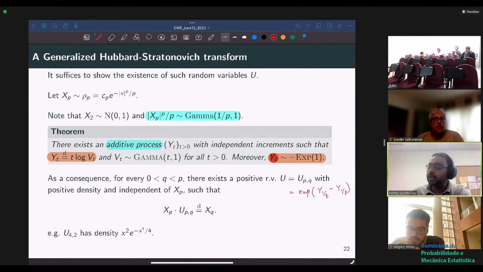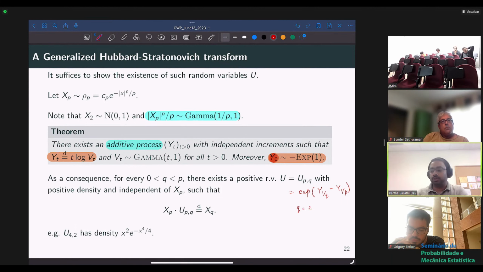If we take this as our u, then we actually have the relation that we want, and q will be equal to 2 in the Gaussian case. But this is much more general.